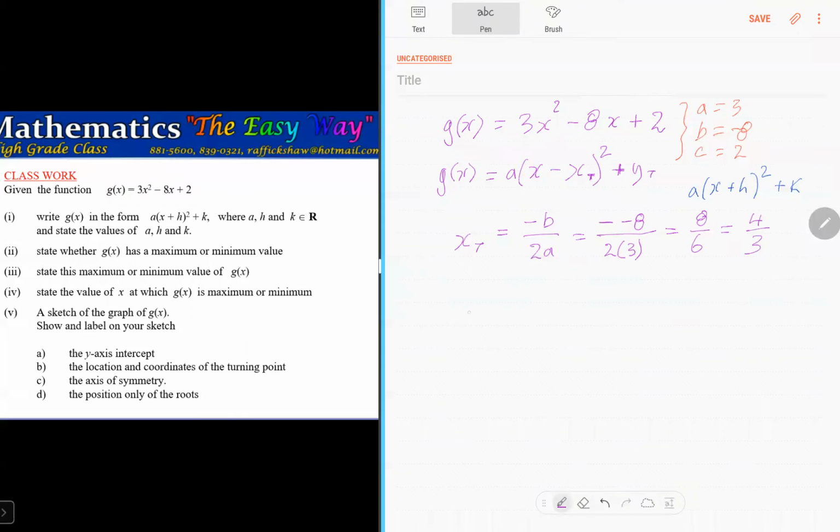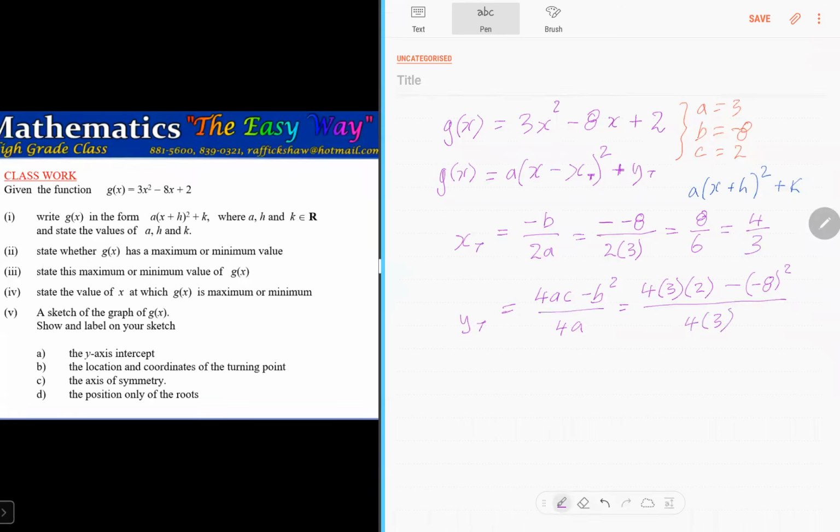All right, and then yt. The formula is (4ac - b²) divided by 4a. And put the values in now for a, b, and c. It is 4 times the a, which is 3, times the c, which is 2, minus, that's this minus, which is not squaring, and b is negative 8. So it's negative 8 squared, and dividing that by 4 times 3.